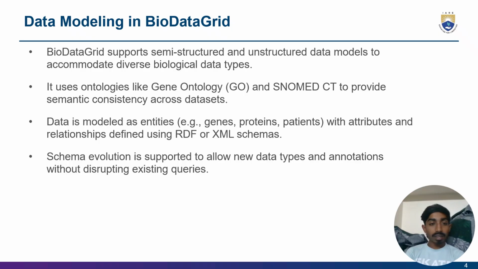Data is modeled as entities with attributes and relationships defined using RDF or XML schemas. Schema evolution is supported to allow new data types and annotations without disturbing existing queries.